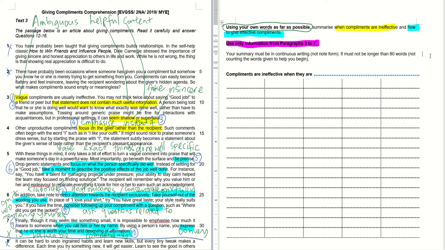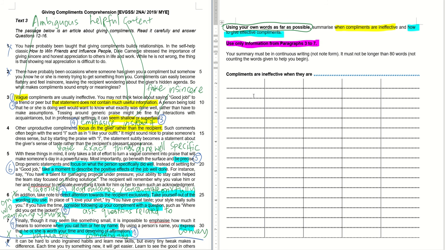Your words might be neater, and you also don't have to count every single word. As you can see, I have 1, 2, 3, 4, 5 in columns, and then I have 1, 2, 3, 4, 5, 6, 7, 8, 9, 10. So actually, I only need to write until here. That will be 80 words, right?